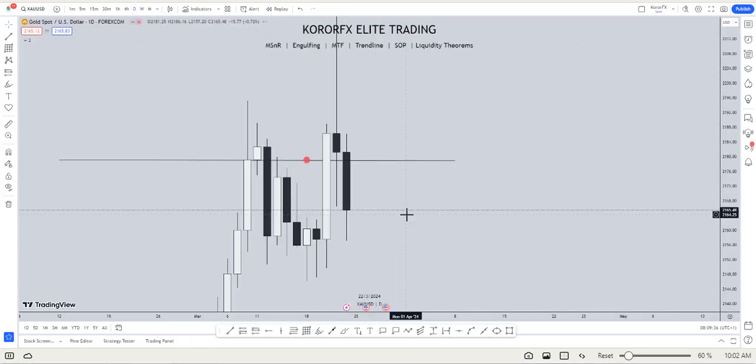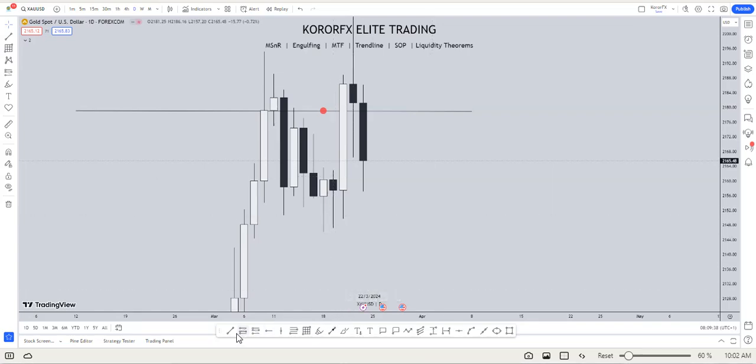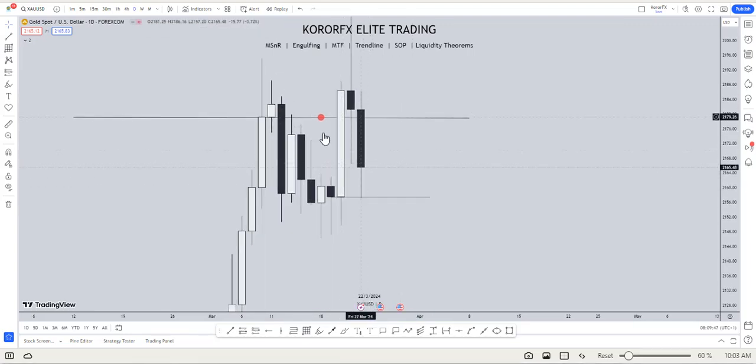We have to go to daily and wait for the price to break this SNR. If price breaks this SNR, then it will pull back here. So what I mean is the breakout will be this level.